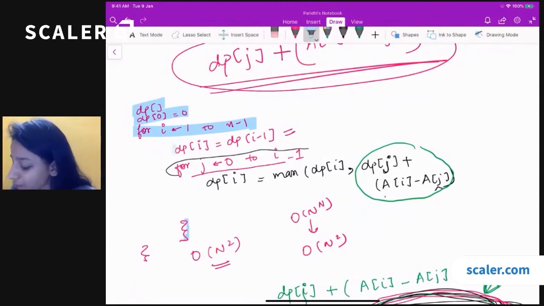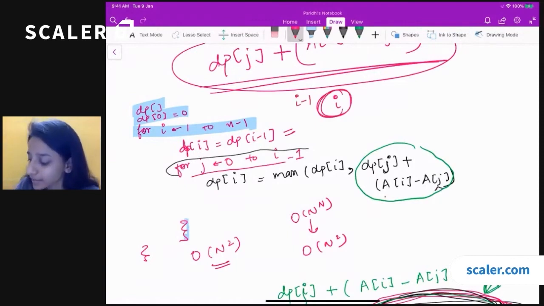Here we are taking the previous DP of I. That means this is the case when we are not selling the stock on day I, so we take the profit till I minus 1 day. I hope that makes sense.